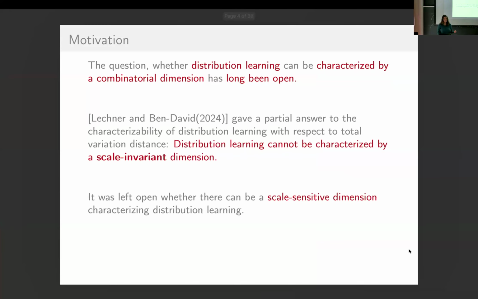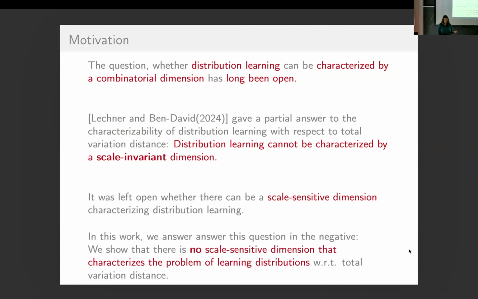And in this paper, we solve the open question of whether it can be solved by a scale sensitive dimension. And we show that this actually is not the case. So we show that there cannot be any scale sensitive dimension that characterizes the problem of distribution learning with respect to total variation distance.